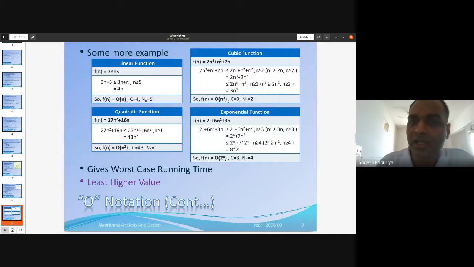Now Gn is n cube, so that's why I will say big O of n cube for value of C equal to 3, and for value of n0, now we have two cases of n0. One is this, second is this. Because we are finding out the highest value of n, you have to take the maximum of these two, and that is 2. For exponential function, again I will replace this 3n with n square.